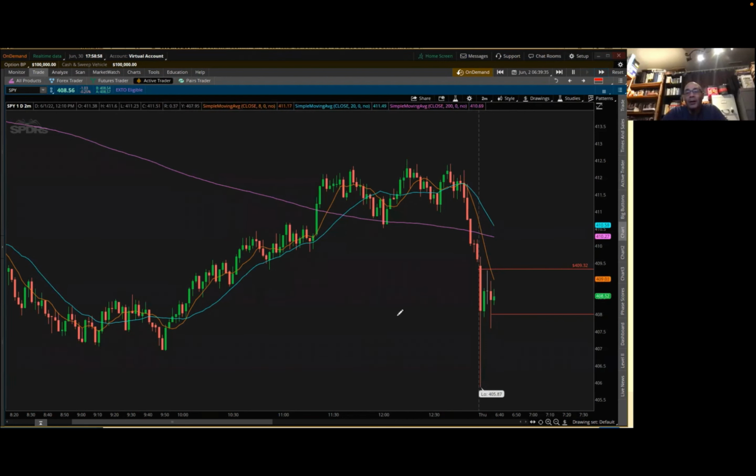I guess I'd move that stop down just a little bit more. Well, but again, I want to give him a little room to work. Yeah, we figure 50 cents, but I don't know if that's 50 cents or not. I have no idea what that number is. So that's a little bit more, but anyway.